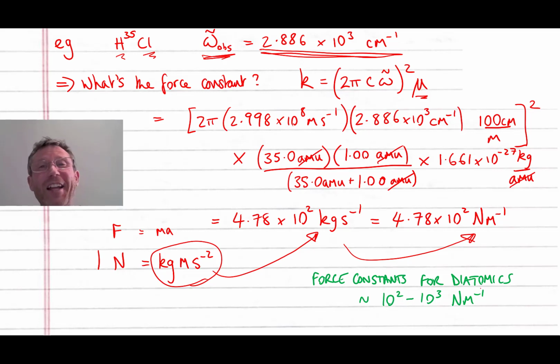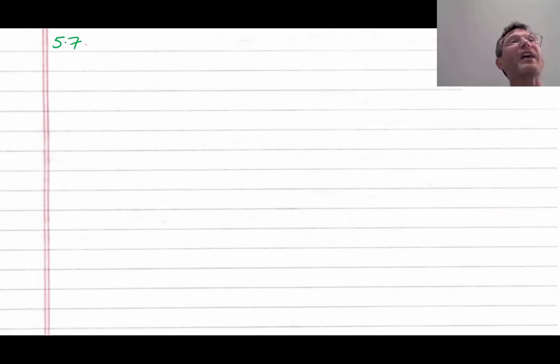We'll talk about that in a later section when we think about an oscillating electric field and how that interacts with an oscillating dipole moment in a molecule. Those two things kind of have to connect with each other. So planting a seed again. So that's section 5.6.